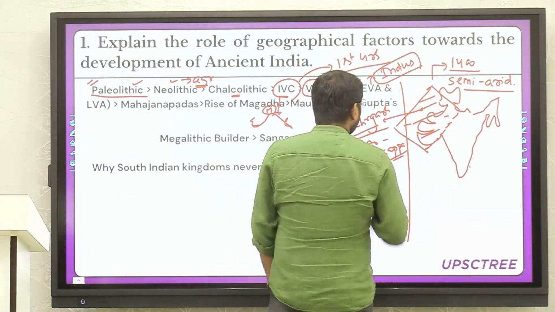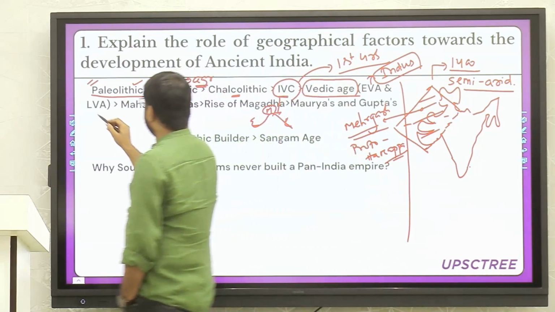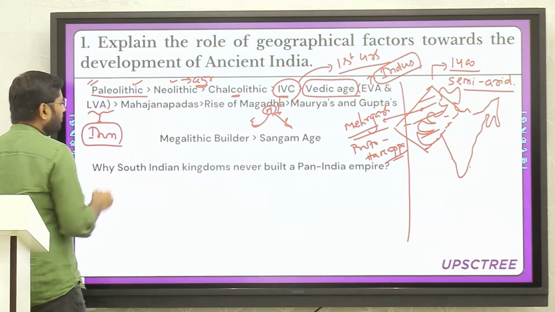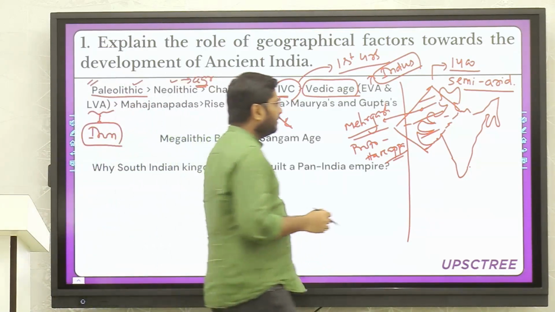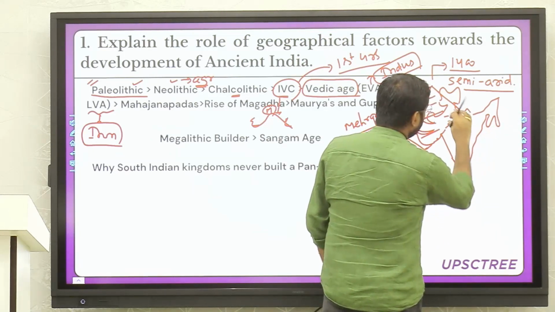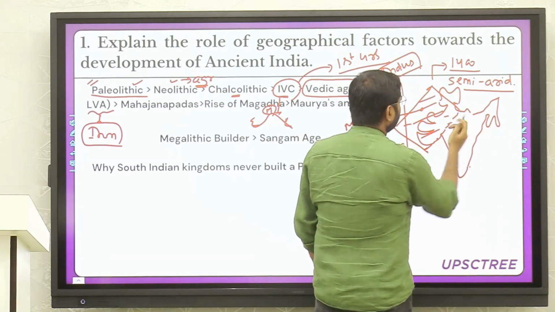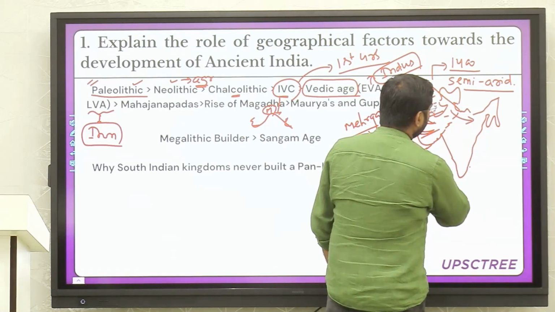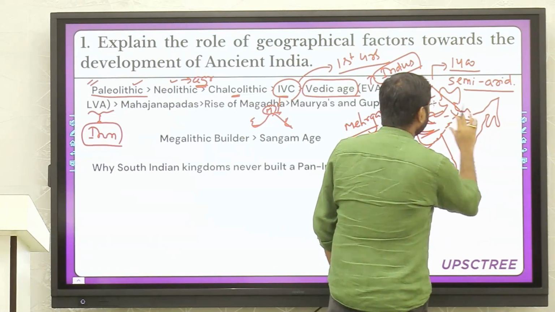But during the later Vedic age we see the emergence of iron, and because of this, what will happen? See, this part of India is thickly forested. Because it is thickly forested, with the emergence of iron they will be able to use iron tools to clear the forest, and eventually they will build up the cities.